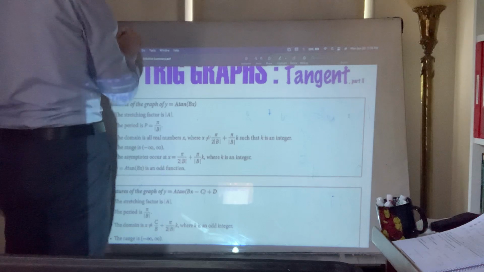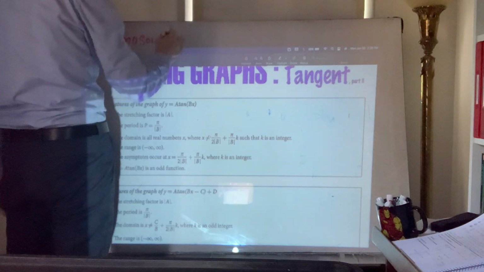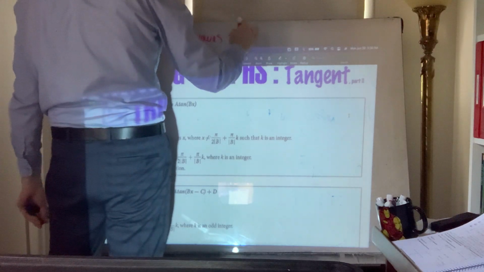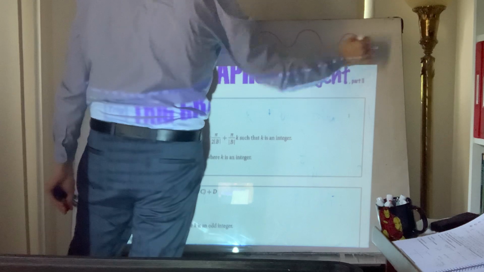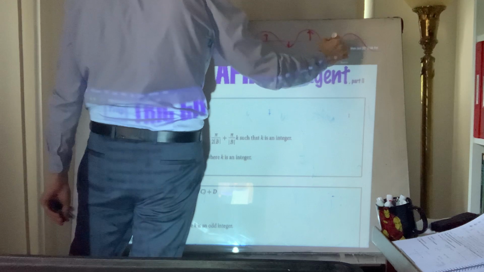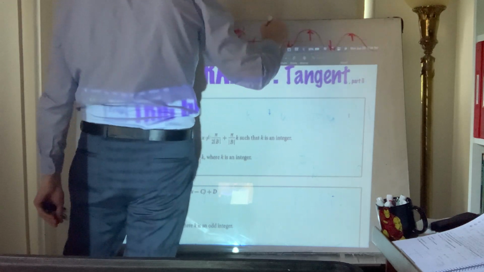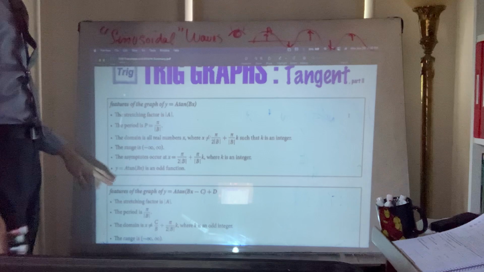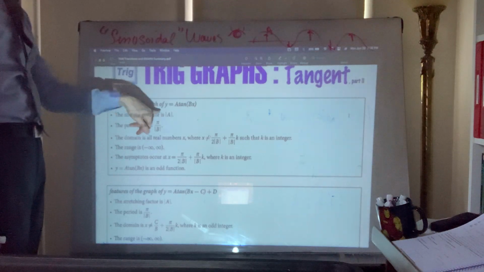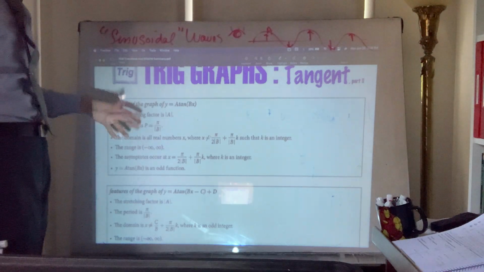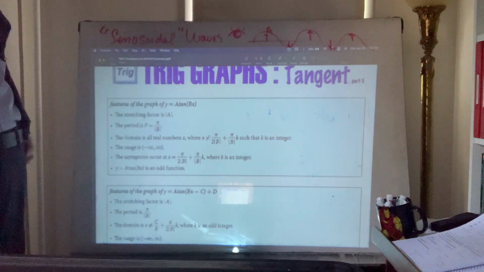Remember, the sinusoidal waves look like this. And they have an amplitude. Tangent waves, you're going to notice they are waves. They're periodic, but they don't quite look like that. So it doesn't have an amplitude in the classic sense. It has what we would just refer to as a stretch factor. So it elongates, or in theory could be more squat.